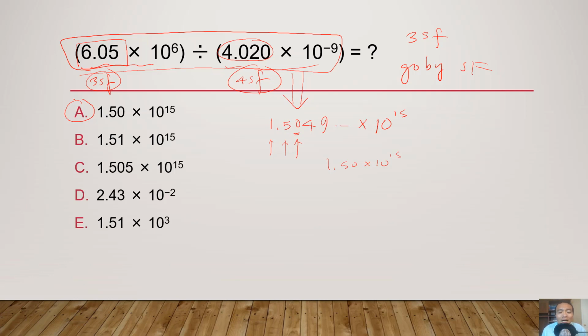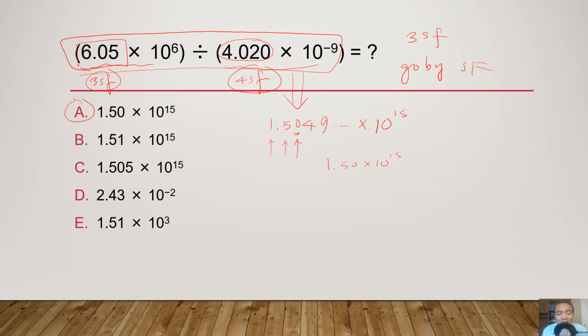And for the second type of numbers, which is so-called exact numbers, for example, the numbers that come from counting, the numbers that come from definition, they are so-called exact numbers, and they have an unlimited number of sig figs.